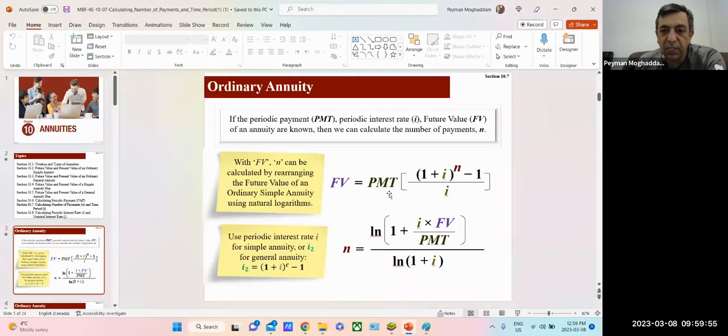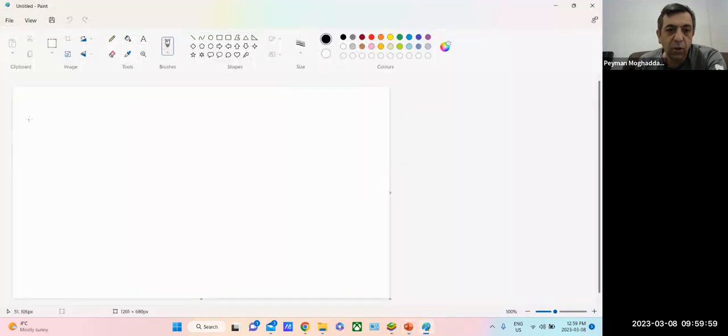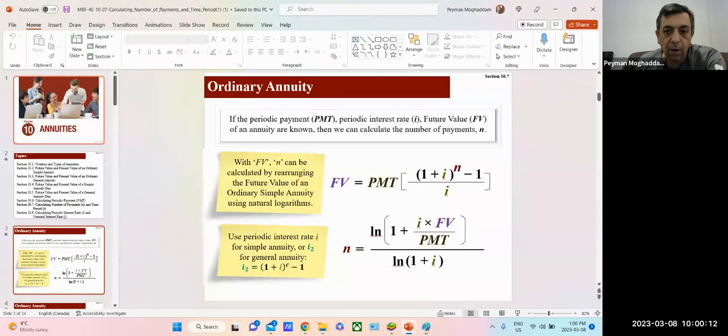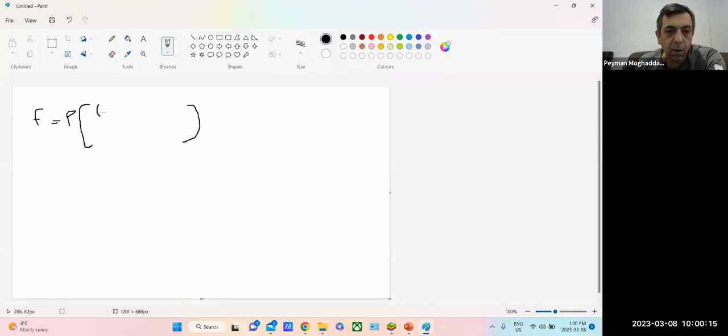FV equal to PMT times 1 plus I power of n minus 1, divided by I.